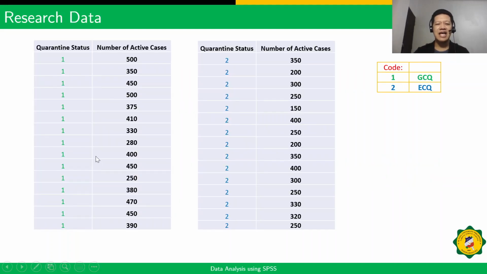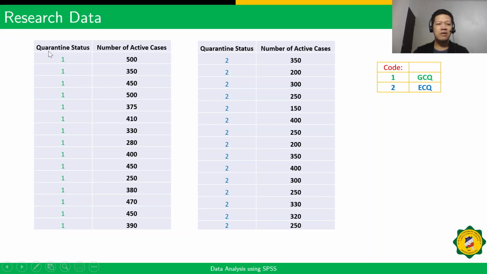Let's have an example of a dataset here. Let's say we have coding: we are going to use 1 for GCQ and 2 for ECQ. To organize our data in Microsoft Excel or in SPSS, we need 2 columns.